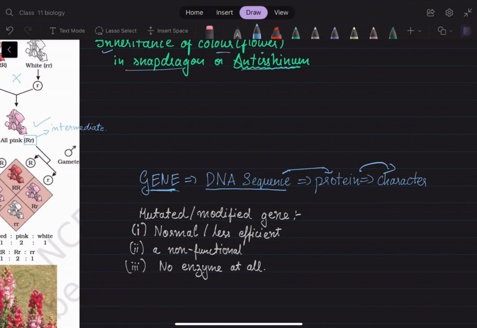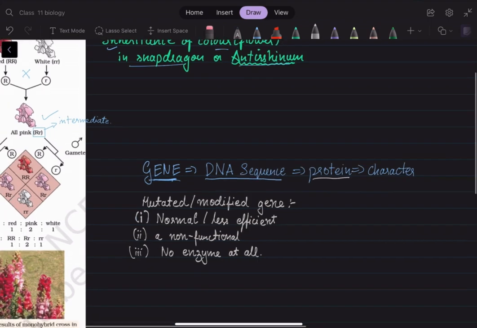Suppose there's no DNA sequence for melanin, and no melanin is produced, then the person will have fairer skin. So this is how it works. Somehow the protein produced by the DNA sequence contributes to the character.